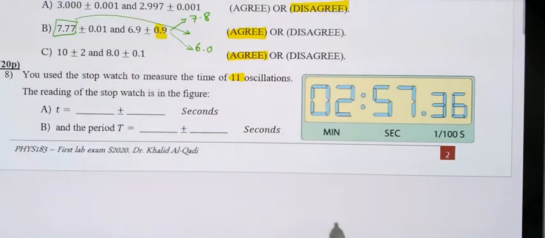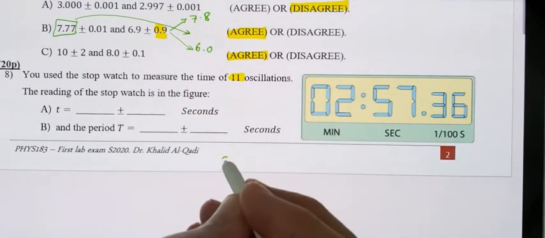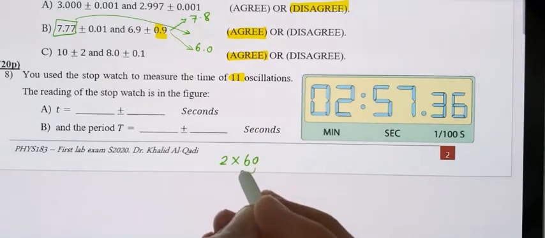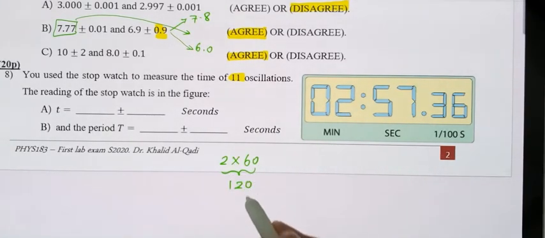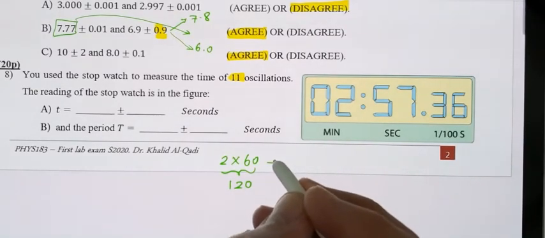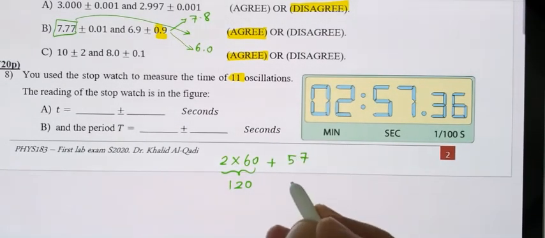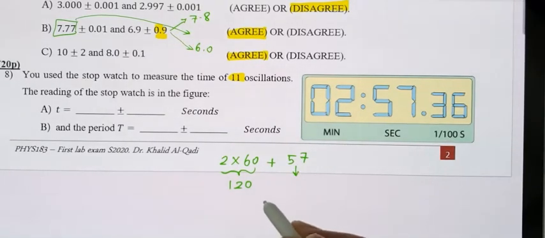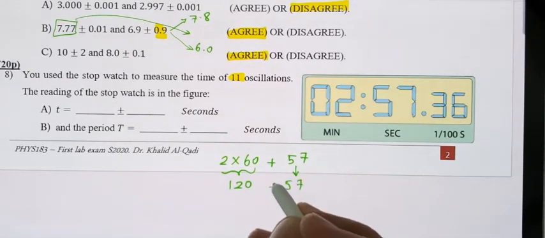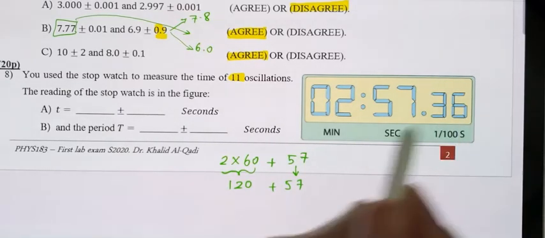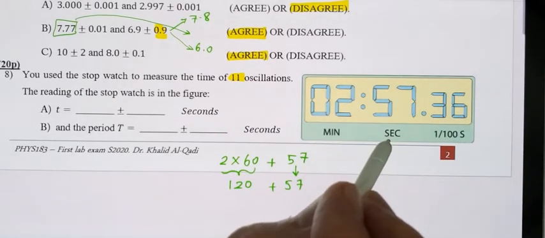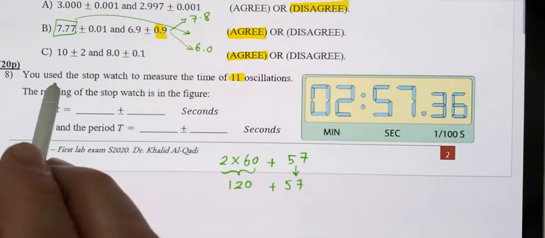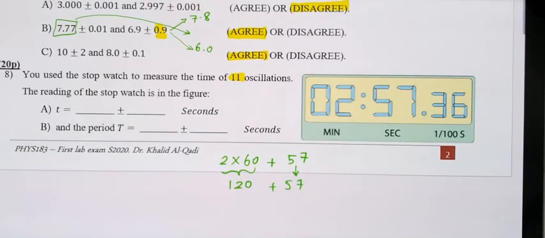So the time of this reading is 2 minutes. So that's 2 minutes, 1/22, plus 57 seconds. So it will go down 57 plus 0.36. And because you use the stopwatch, we need to consider the reflection error, which is 0.2, 0.1, or whatever.